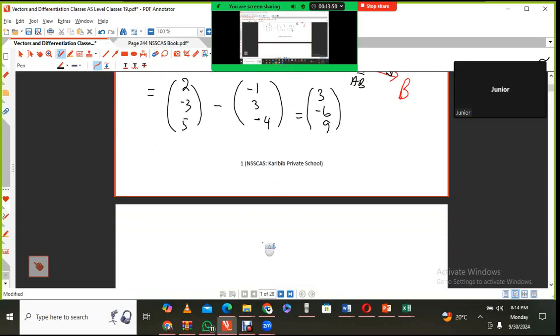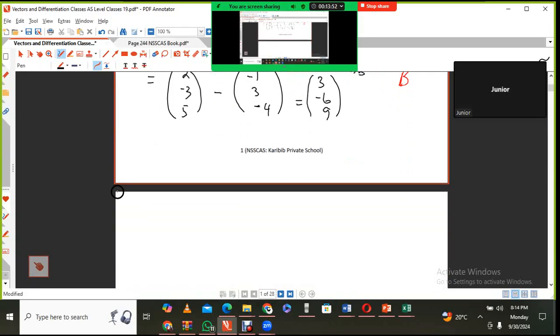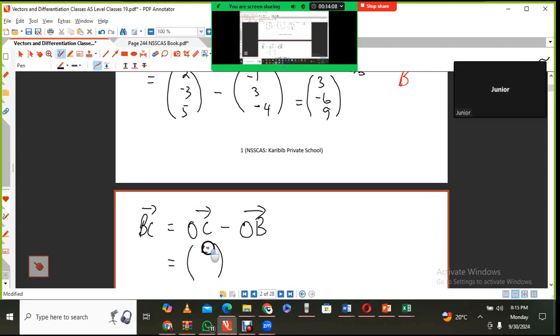Now let's do the same for vector BC. Remember, BC would be the position vector of the second minus the position vector of the first. Now you can go back. OC, you see it's 4. What is OC? It's (4, -2, 5).